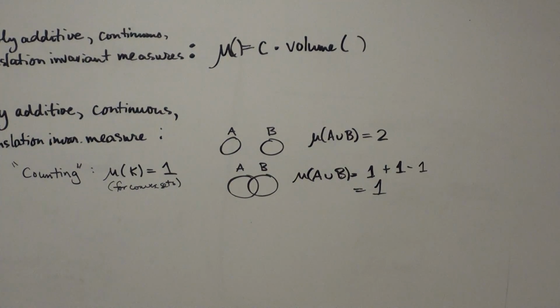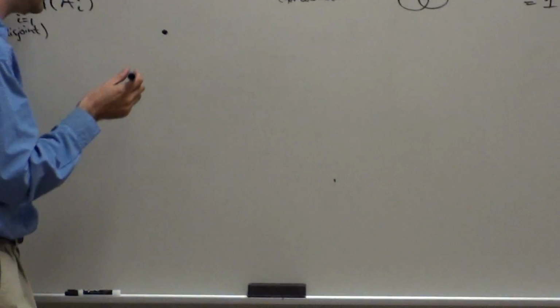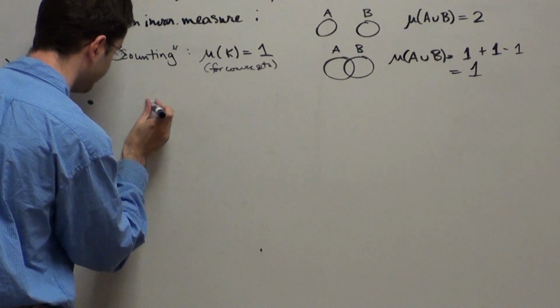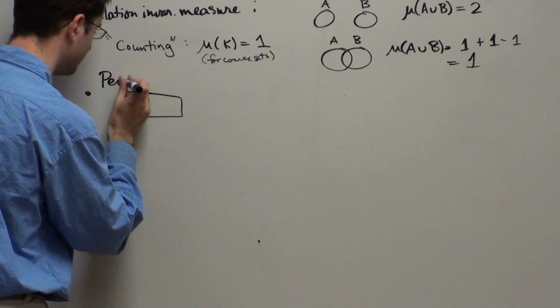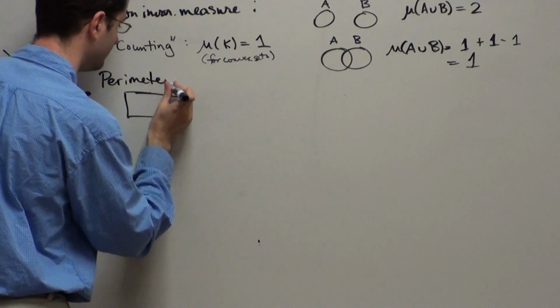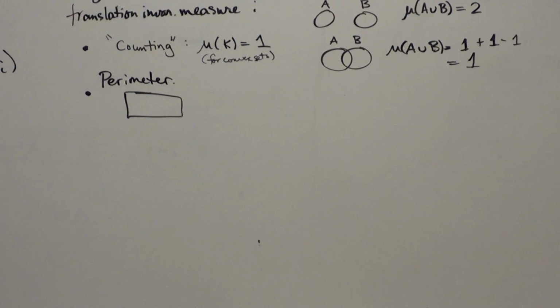Here are some other examples. Perimeters. We talked about it in high school, but never came up with some fancy formalization type stuff for it.